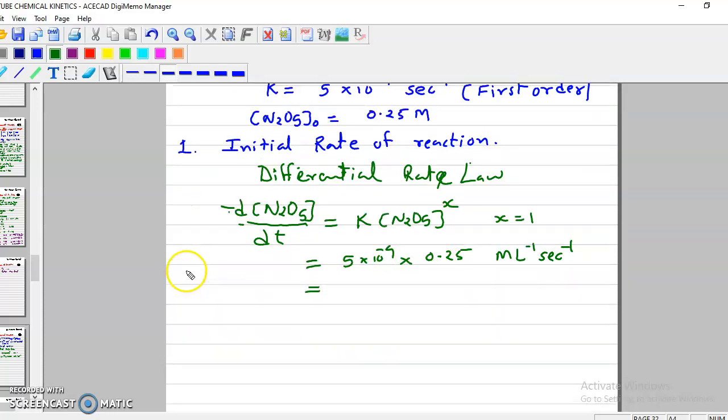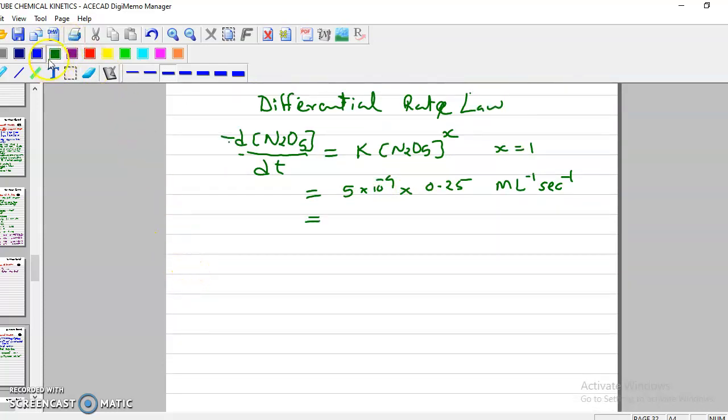Now the second question. This answer I will leave to you because you should calculate it by yourself. I'm giving you just a hint. The second question asked about this is the half-life period.